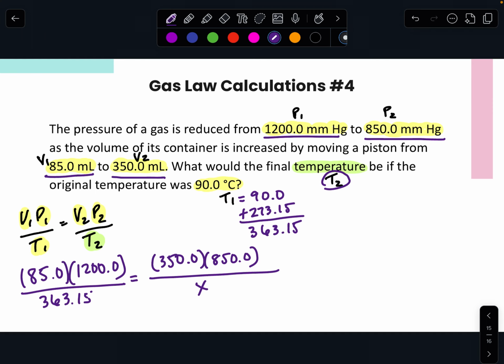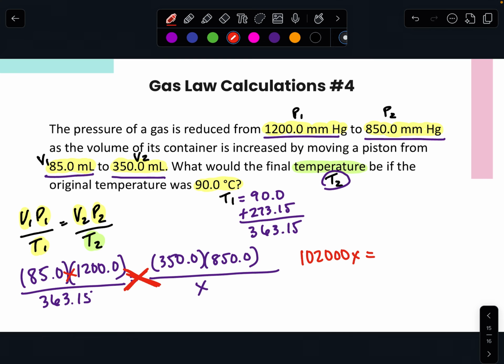So again, we're going to cross multiply. So I'm going to multiply like this. So I have to do the 85 times the 1200 times the X. So I end up with 102,000X.